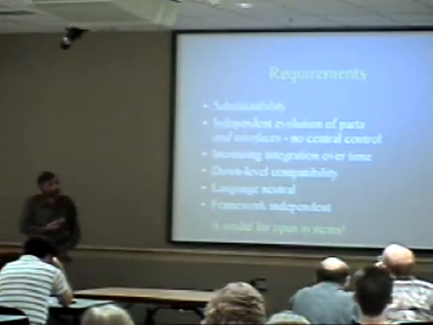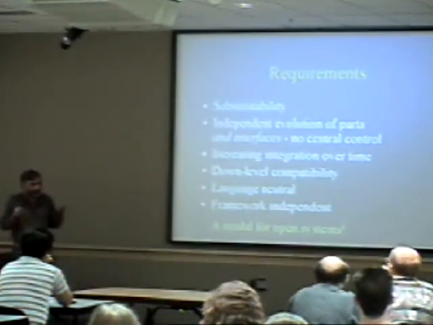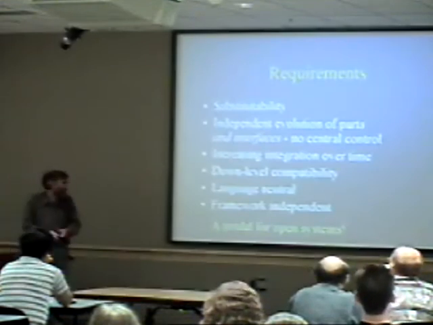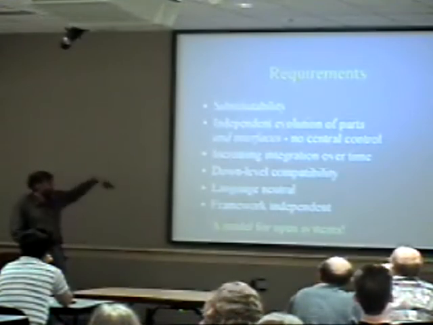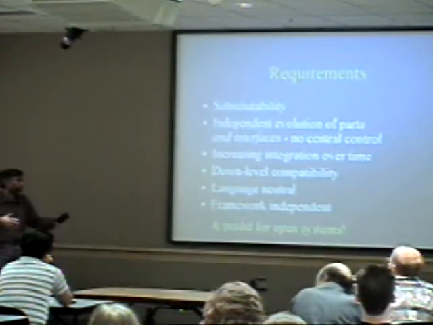And you also don't want to require that everybody builds their product on the same application framework, because otherwise, if they've already built the product and it's not built on that framework, they wouldn't be able to play in this world. And I'm saying that if you look at this set of requirements, this is defining what it means to have a model for an open system.